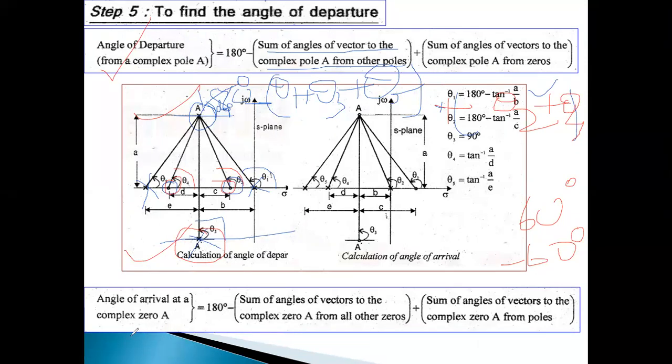calculate the angle of arrivals. The angle of arrival is usually found at complex zeros. Okay, just draw this figure.